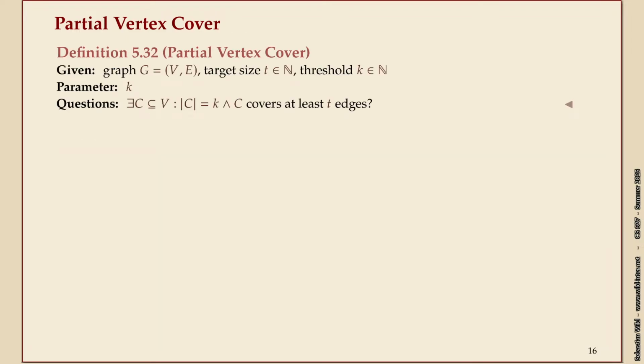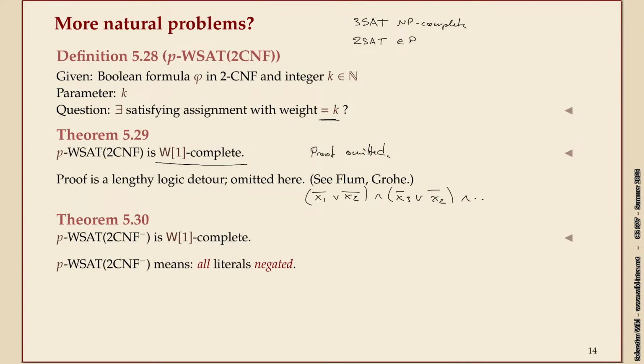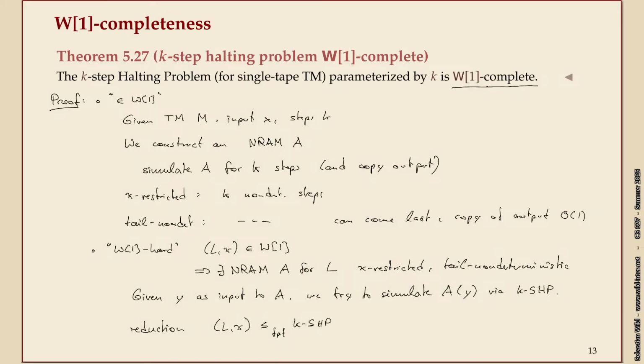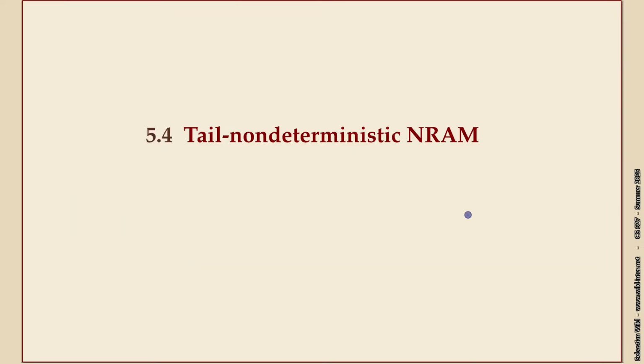We were mostly done with what I wanted to say about the parameterized complexity theory and parameterized reductions, and how you can prove that a problem probably doesn't have an FPT algorithm. But I think the end was a bit rushed last time, so I wanted to briefly recap the main message there.